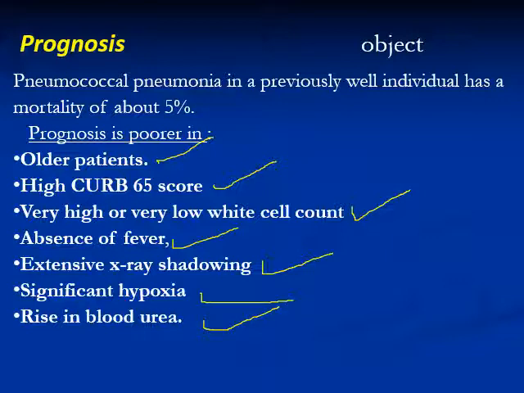To summarize: elderly patient more than 65 years old, high CURB-65 score, very high or very low white blood cell count, absence of fever, extensive X-ray shadowing, significant hypoxia, and rise in blood urea.